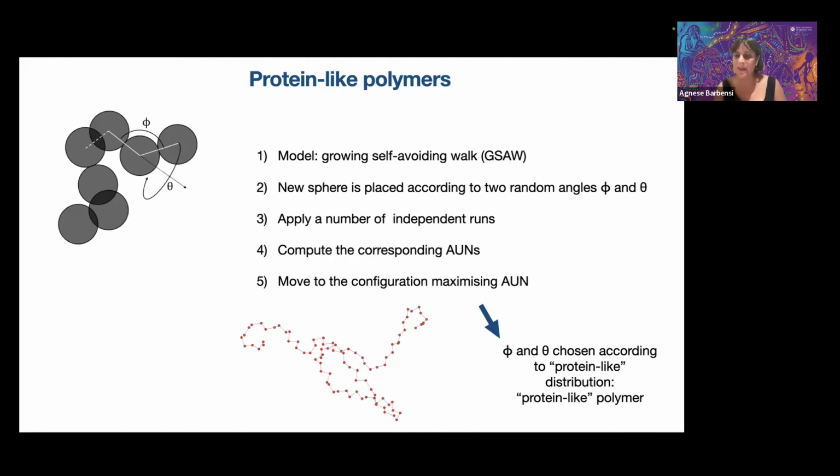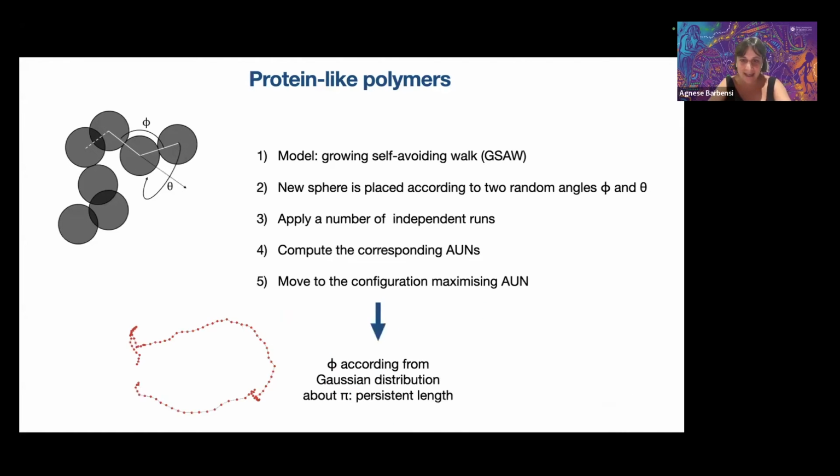Okay. And here I can show you a couple of examples. If we choose this protein-like model, this is what a short configuration of 100 beads can look like. And as you can see, obviously it doesn't look like a protein, but there are some protein-like features we can observe. On the other hand, this is a polymer-like configuration where phi is chosen from a Gaussian distribution about pi to give this kind of persistence length.